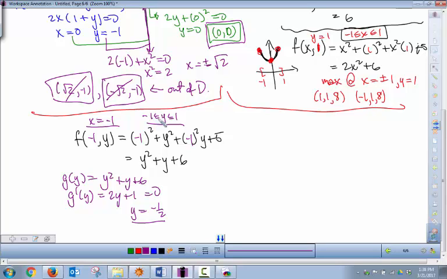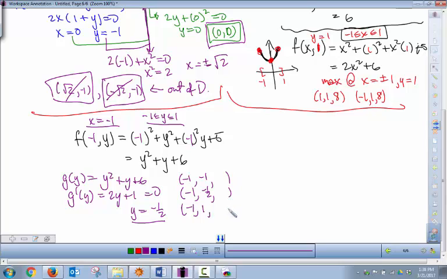So because I want to find the local max, the critical points, when x is equal to negative 1, I have 3 points to check. y is equal to negative 1, y is equal to negative 1/2, and y is equal to positive 1.